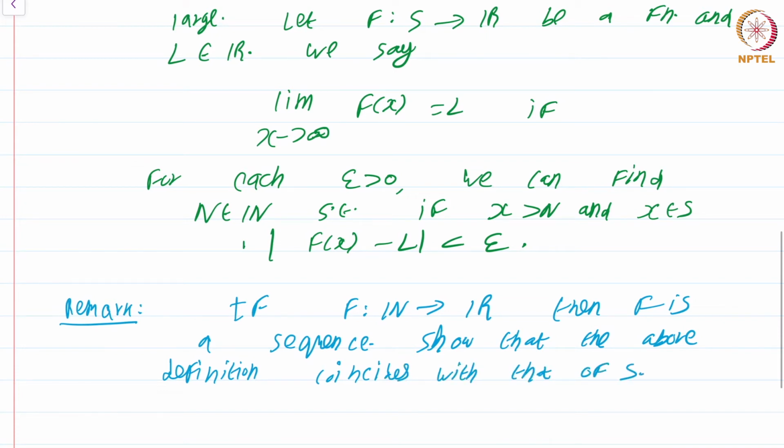So this definition is certainly an extension of what we have already seen for sequences, except now this set S could be a very arbitrary set, not just the natural numbers.